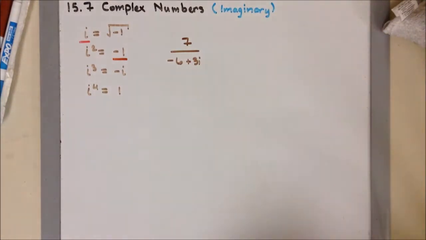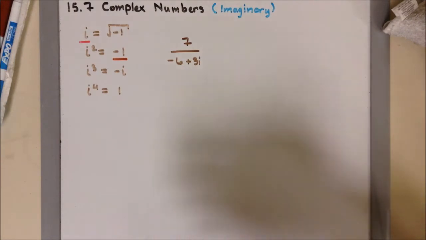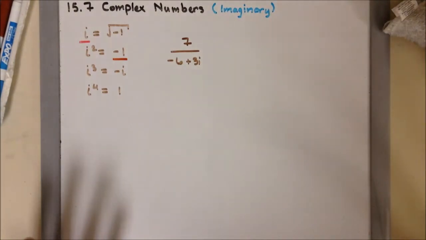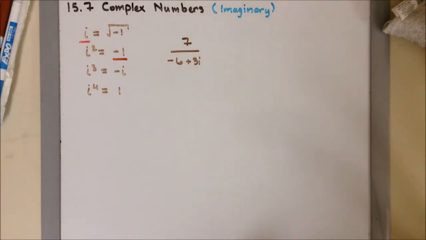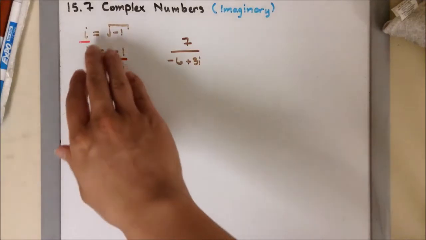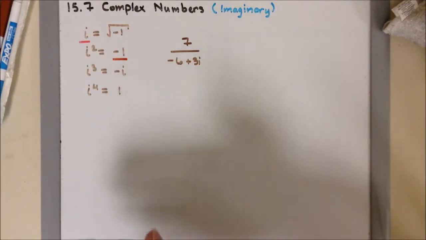Whenever you have an i in the denominator, you need to get rid of it so that you can only have real numbers in the denominator of any given fraction. Just like in 15.5, we cannot have a radical in the denominator. Same thing with 15.7, where i is equivalent to the square root of -1.